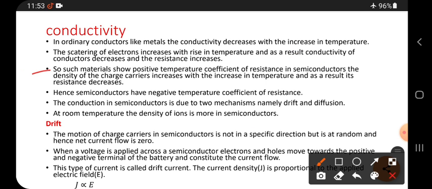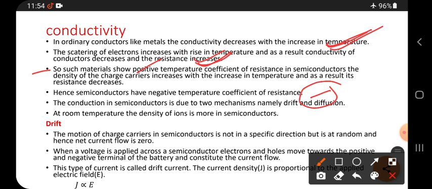So such material shows a positive temperature coefficient. Why is it a positive temperature coefficient? As the temperature increases, resistance also increases. So both are increasing simultaneously, which is positive. If one is increasing and the other decreasing, in physics we denote it with minus.